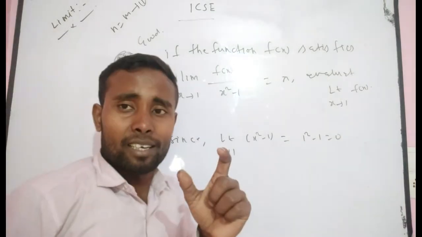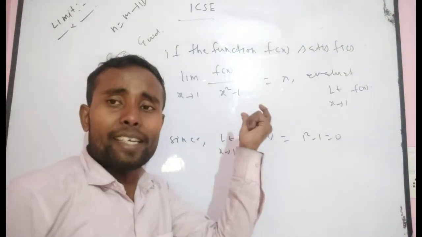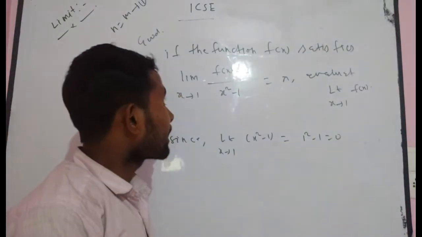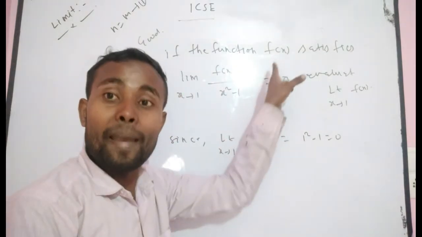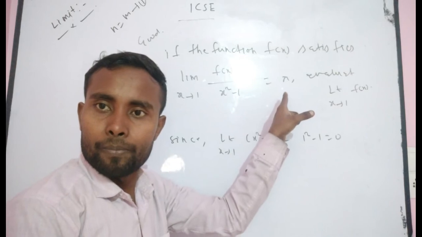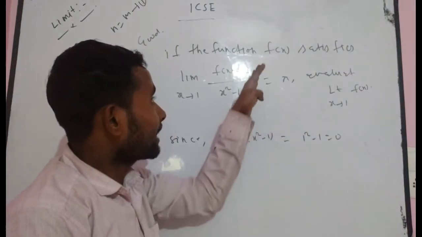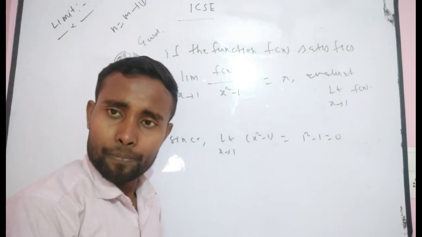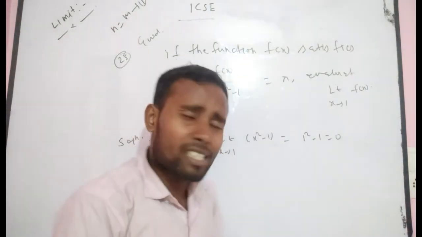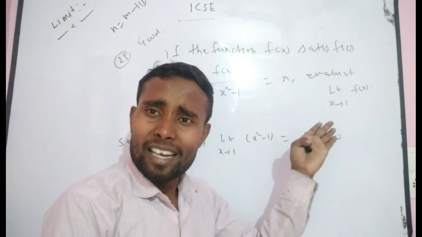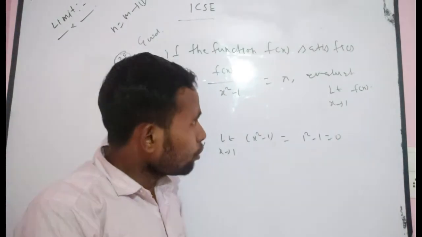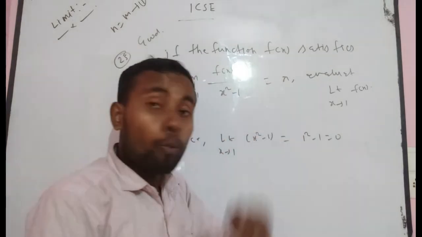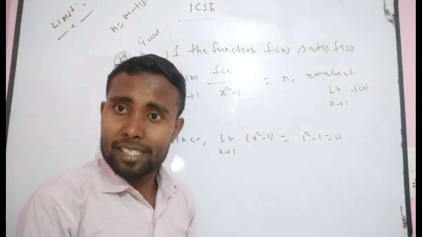If you take the limit of the denominator, it gives 0. As you know, it is a division f(x) by g(x), and it can be separated into limit f(x) by limit g(x). If you get limit g(x) equal to 0, in that case it is not defined. But here its limiting value is equal to pi, which means the limit definitely exists.